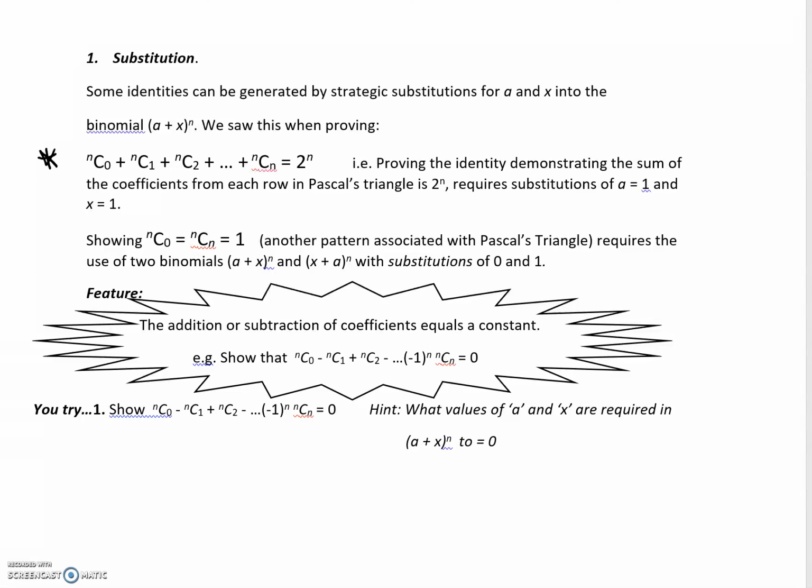If we're using the method of substitution to show or prove the identity is true, then there are probably telling features that will help you, one, to know to use substitution, and two, to know what the substitution might have to be.